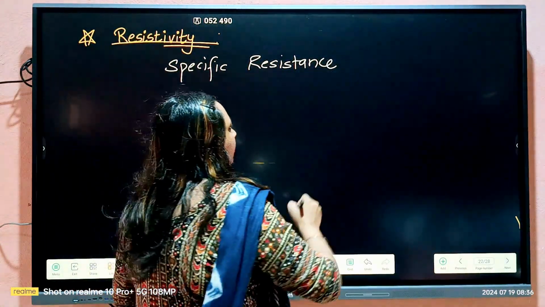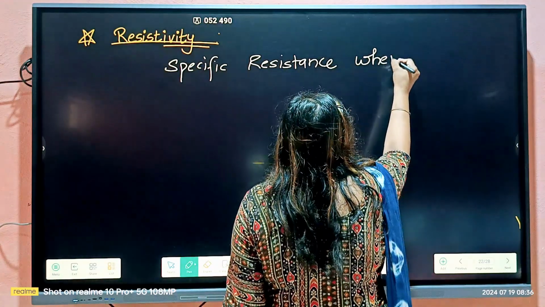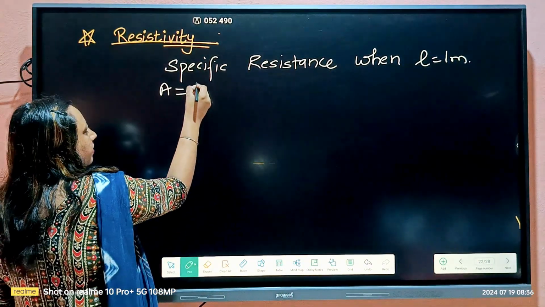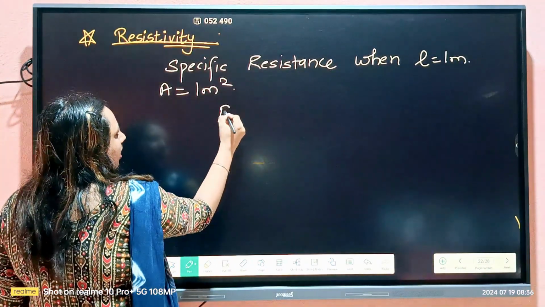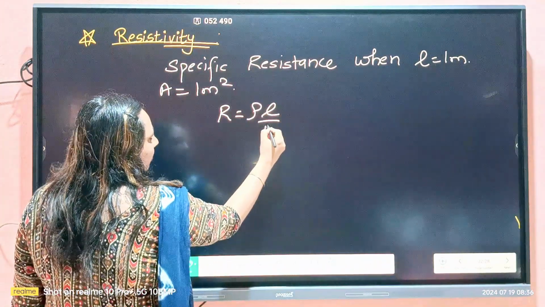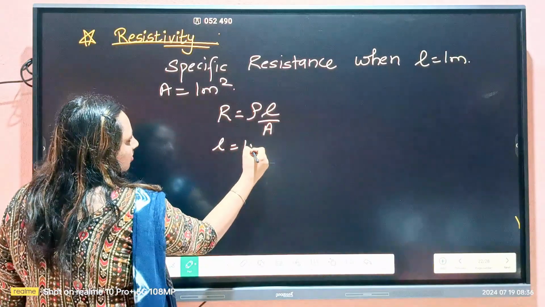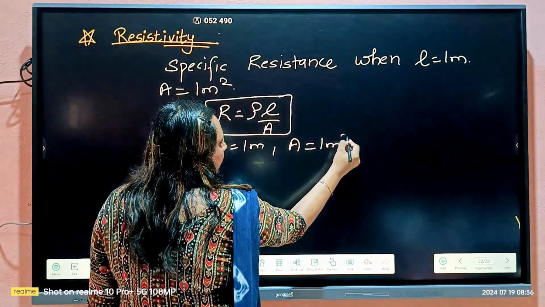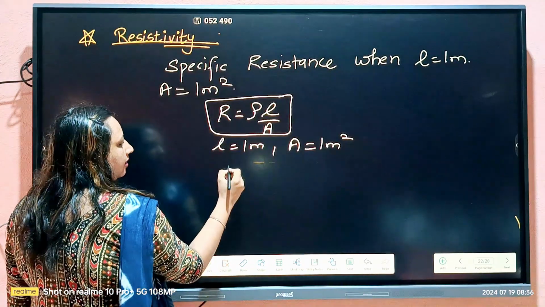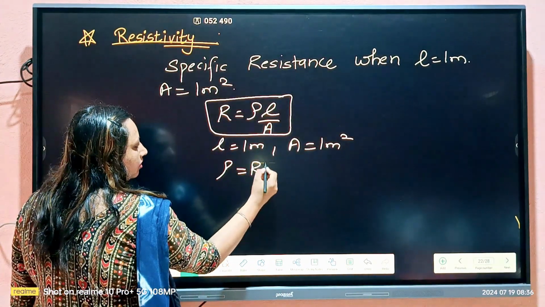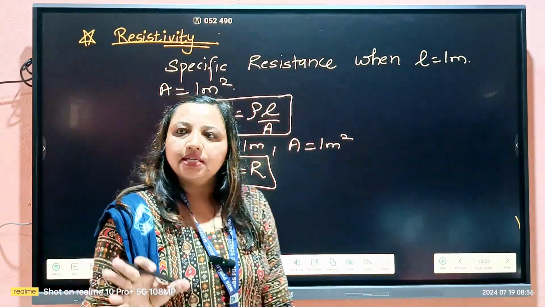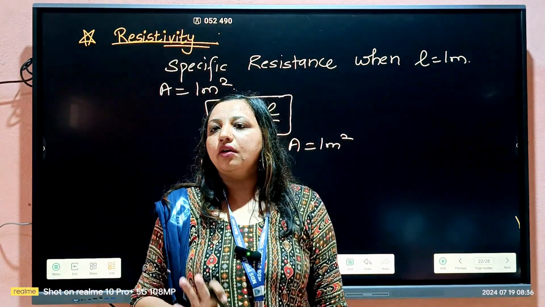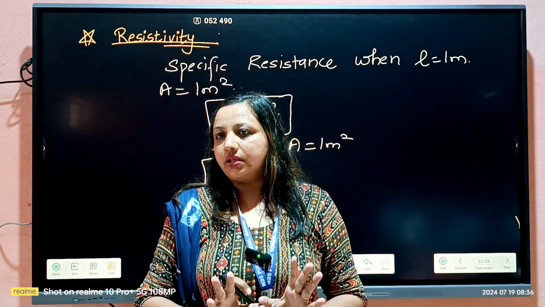When the length of the conductor is 1 meter and its area of cross section is 1 meter square, R is equal to rho L upon A. If L is 1 and area is 1 meter square, put the value of L and A here. So rho is equal to R. So resistivity is the specific resistance, or the resistance when the length of the conductor is 1 meter and area of cross section is 1 meter square.